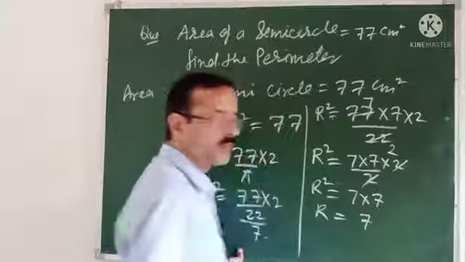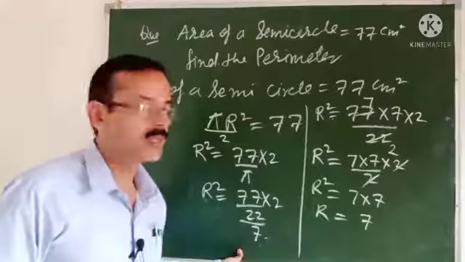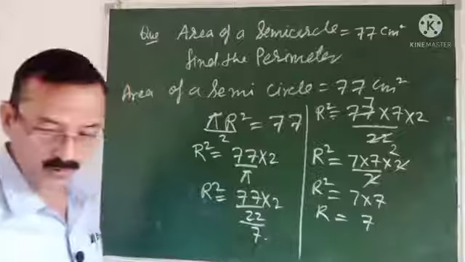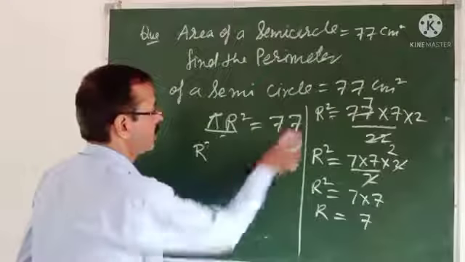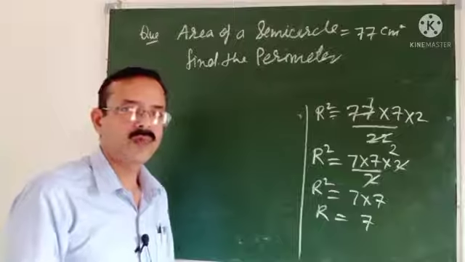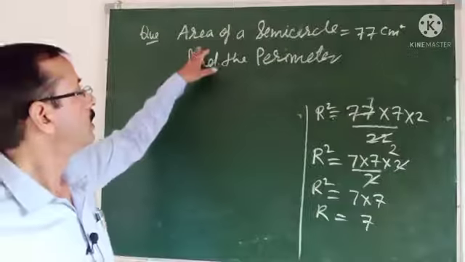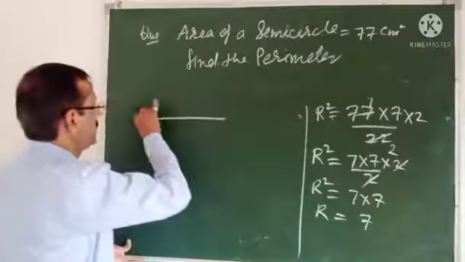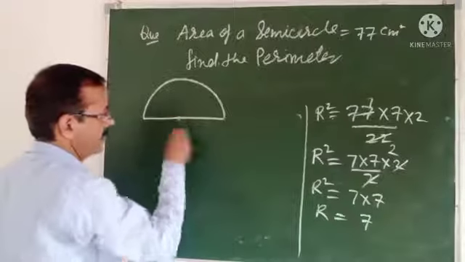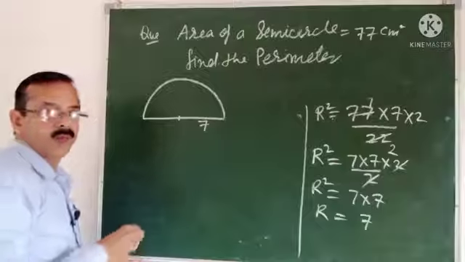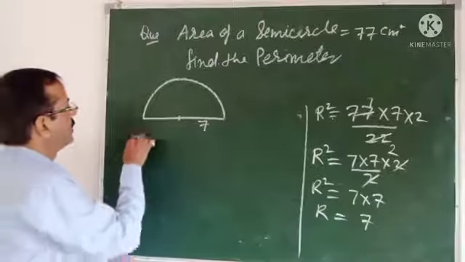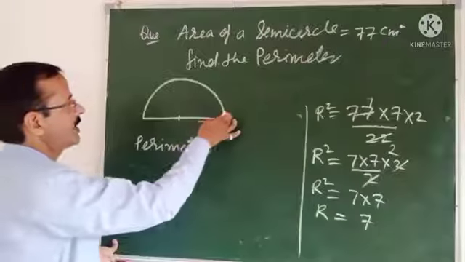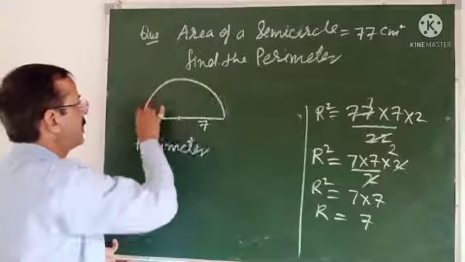Now we have to find the circumference, the perimeter of this semicircle. To find the perimeter of a circle, we apply the formula 2 pi r. This is the semicircle. Its radius came 7. So the semicircle perimeter, what is perimeter? Perimeter means the length of the boundary. So this is the total length of the boundary and this also.